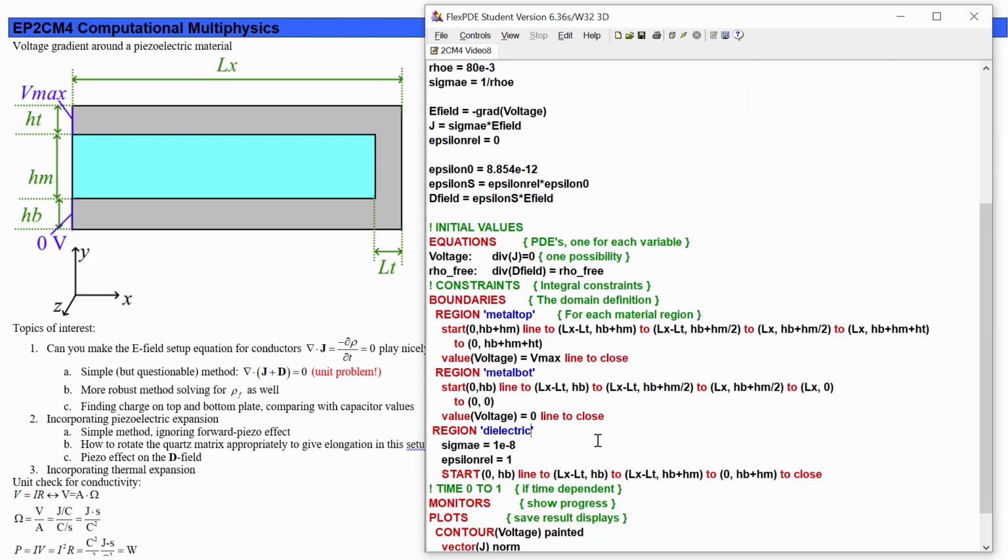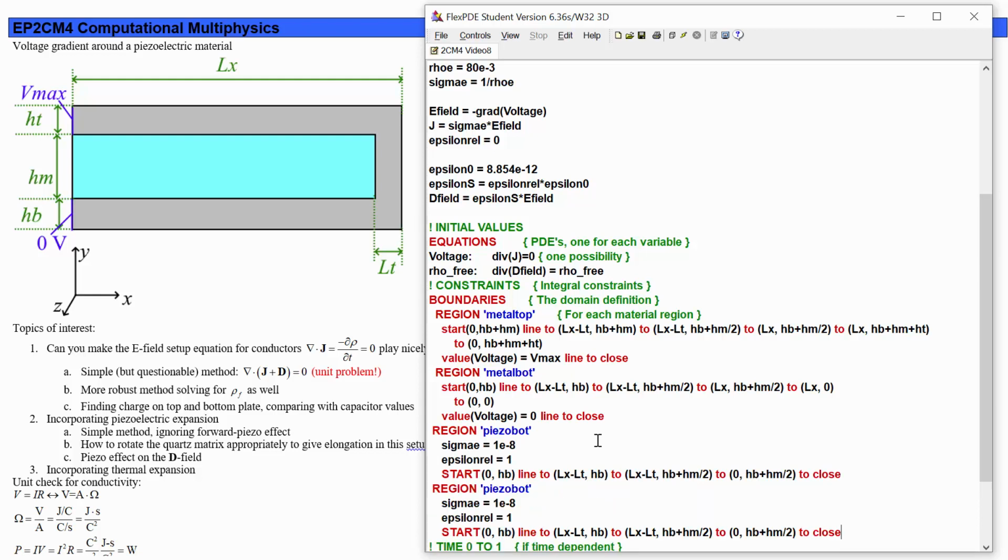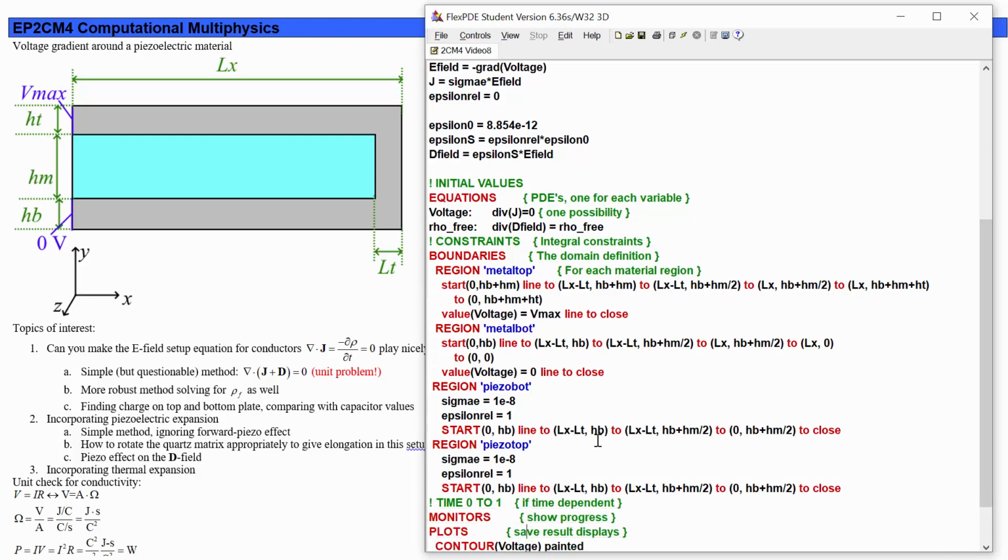Okay, now we'll do the same thing for this middle region. Let's call it piezo bottom, and we'll start there, except now we'll only go up to HM over 2. And then we'll make a very similar region, piezo top. And this one will start at HM plus H bottom in height, there, back, and close.